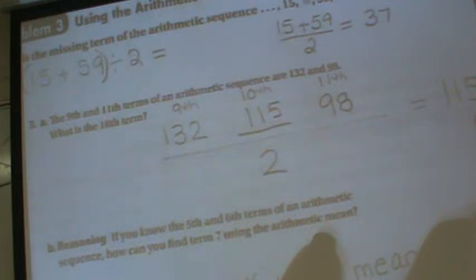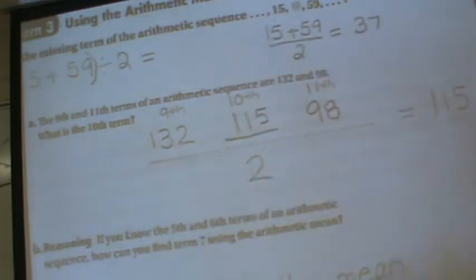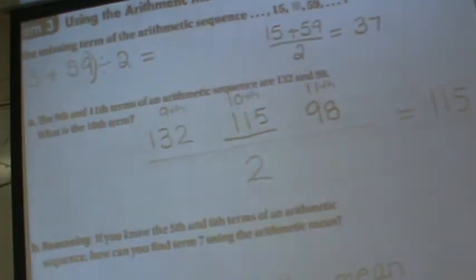We know the mean, but they didn't give it to us, did they? No, they didn't. So what you would do is multiply the mean by 2, and then subtract the 132. So it's 115 times 2 minus 132. You would multiply the mean, whatever the mean is, by 2 and then subtract it, and that's how you would find that middle term.